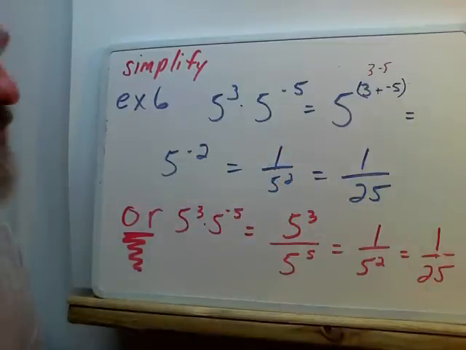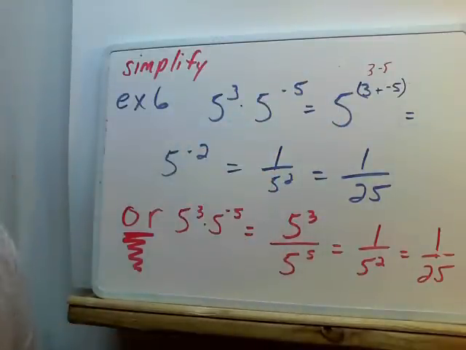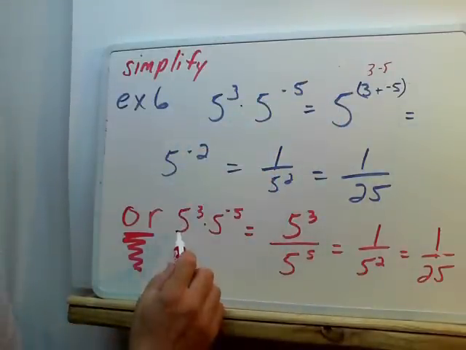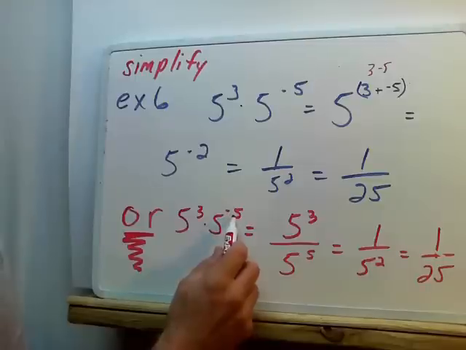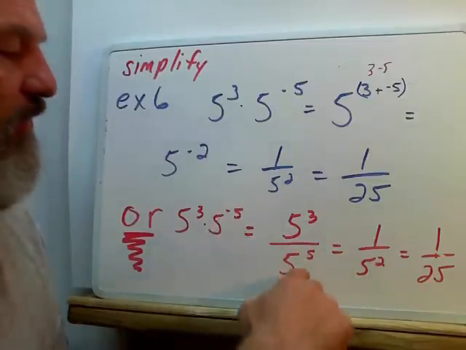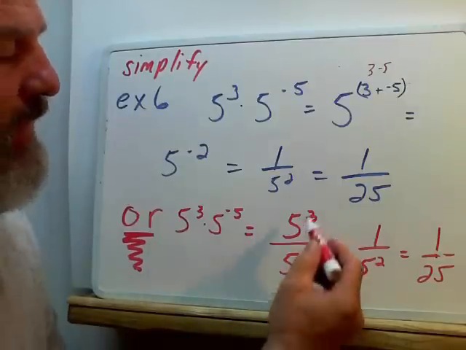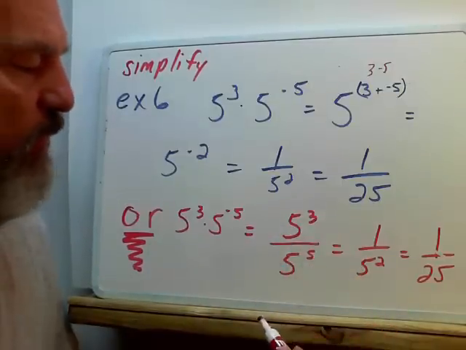However, there's another way to look at this from what we talked about at the very beginning of this lesson. We can move this to the denominator in order to switch the sign. So we can take 5 to the third times 5 to the negative fifth and write it as 5 to the third over 5 to the fifth, because it'll become positive when we move it into the denominator. Now we can see this as 5 squared in the bottom.